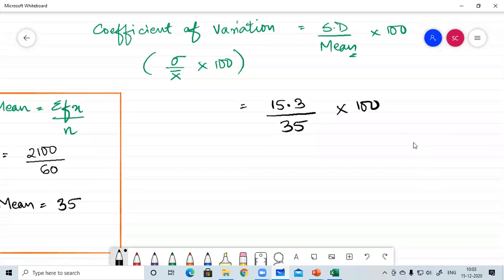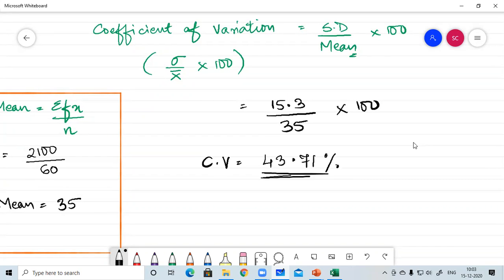So your answer comes to, we can call it CV, short form for coefficient of variation, 43.71%. You can write 43.71%. Clear with this? So let's take up another sum now.